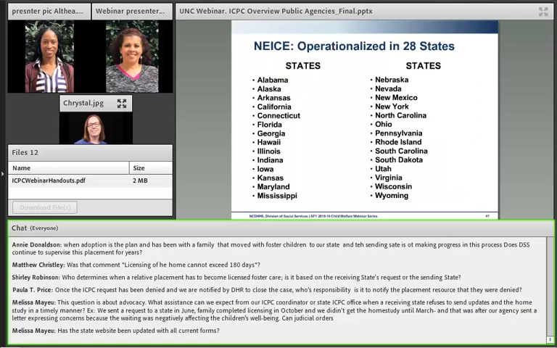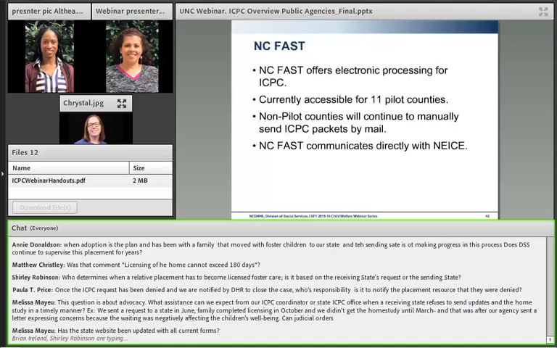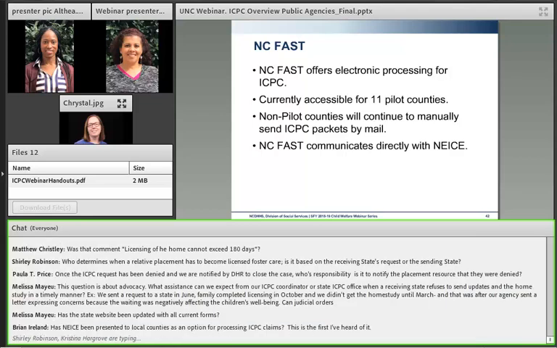The next slide will share which states are using NEICE. The states we work with the most would be Florida, Georgia, Maryland, New York, Ohio, and South Carolina. NC FAST. We also began using NC FAST December 3rd, 2018, and this offers electronic processing for ICPC.